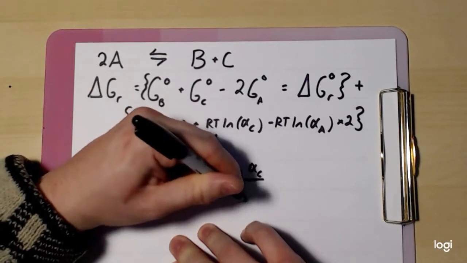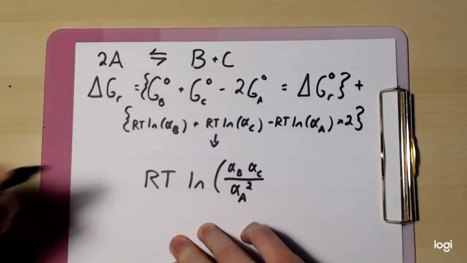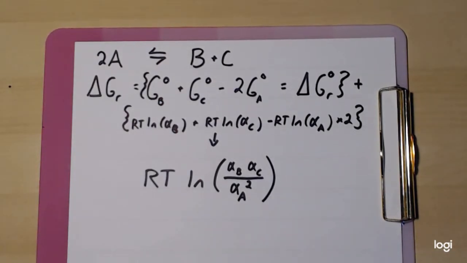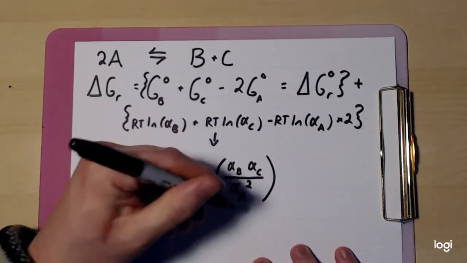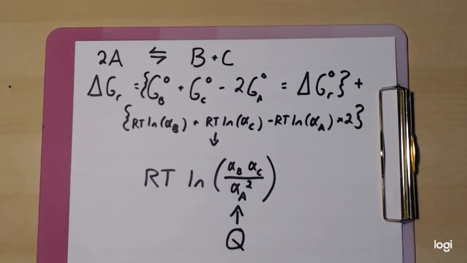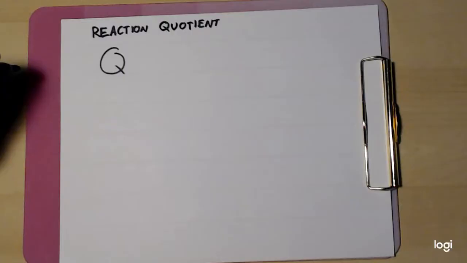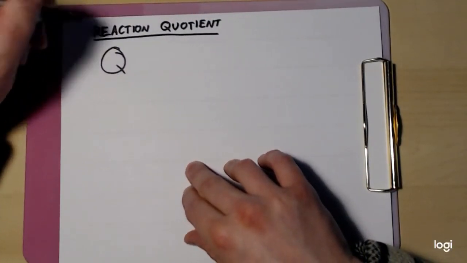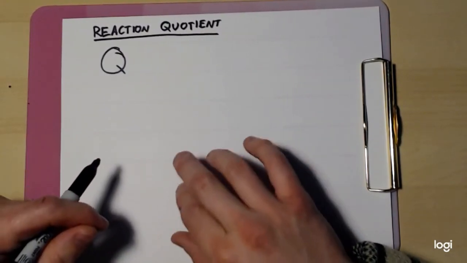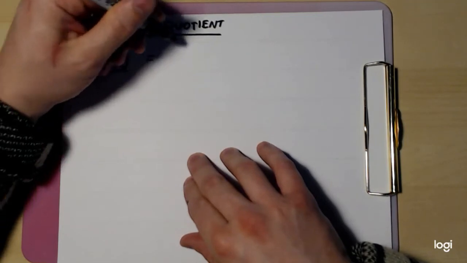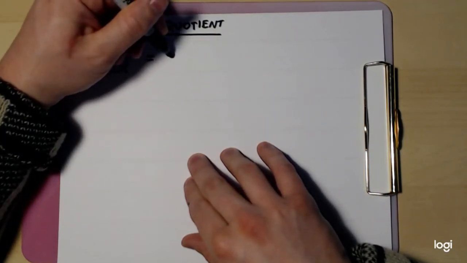And so you'll notice that this RT log term keeps ending up with something inside the log term that is related to the stoichiometry of the products and reactants in the reaction. And we call this Q, the reaction quotient. So this reaction quotient Q is actually really easy to figure out for any reaction that you can imagine. And it's equal to simply the product, as represented by the big pi sign.